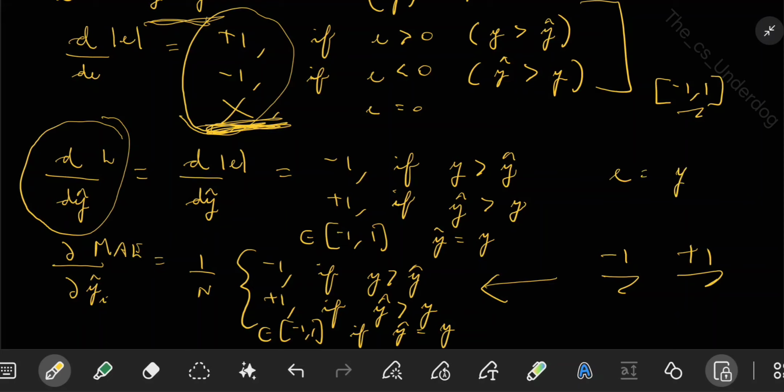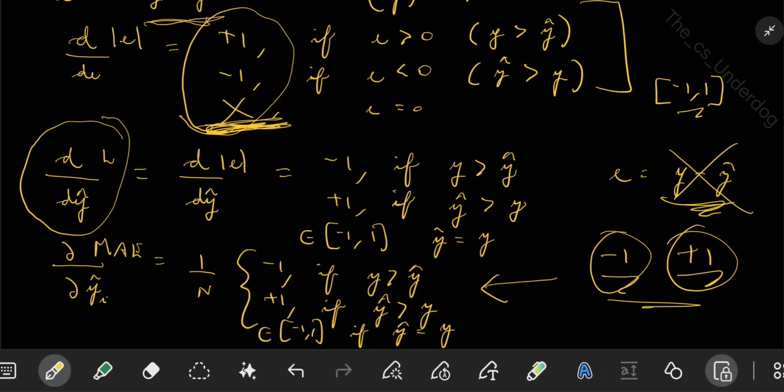Your error is y minus y cap. Your value of gradient is not at all dependent on the error. It is plus 1 or minus 1, which means it is piecewise constant and does not depend on the size of error. Okay, the gradient will be minus 1 or plus 1.